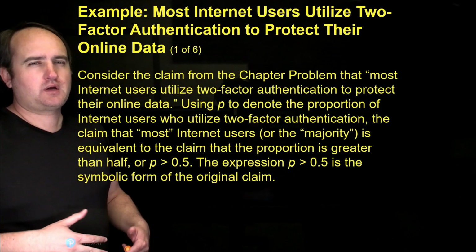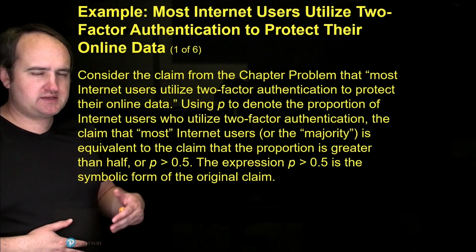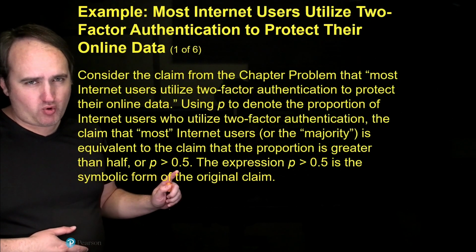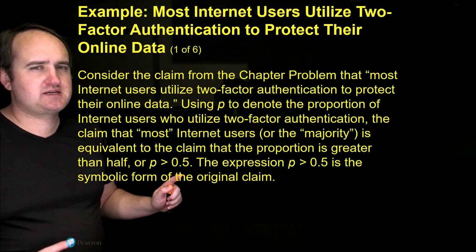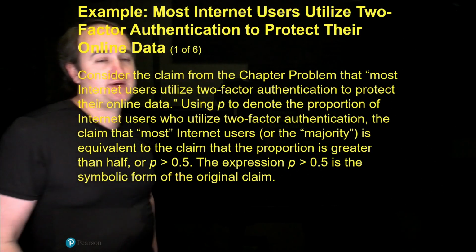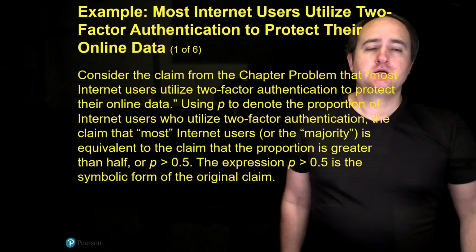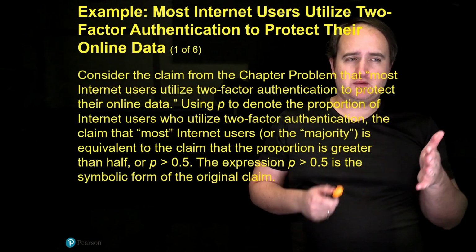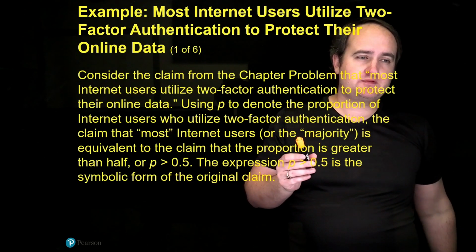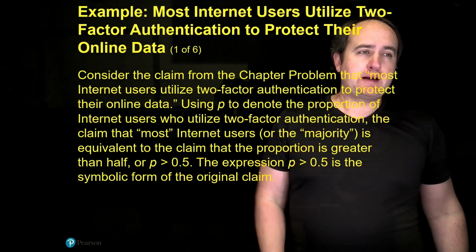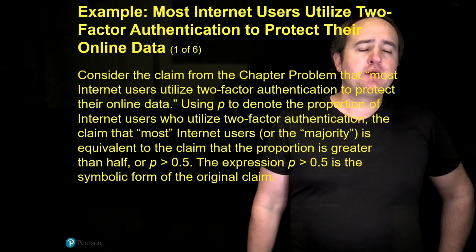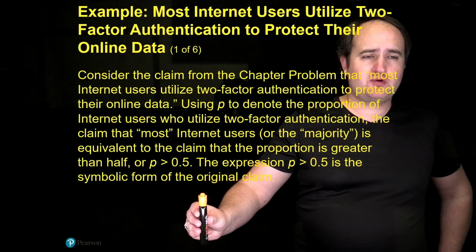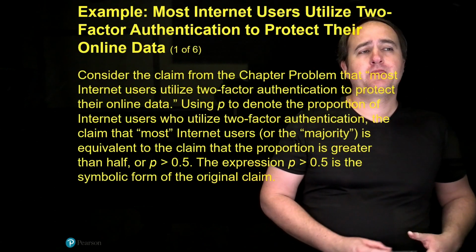Okay, so I know that's kind of strange, but when they say most, they just mean P is greater than 0.5. And the reason that should make sense is 0.5 is the same as 50%. So if P is greater than 50%, we're just barely the majority, right? But it's enough to be considered a majority for a hypothesis test. Okay, so the expression P is greater than 0.5 is a symbolic form of the original claim.